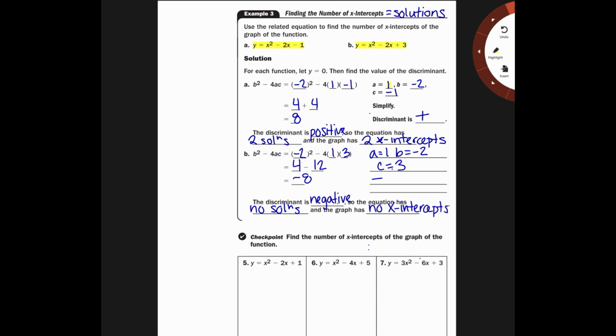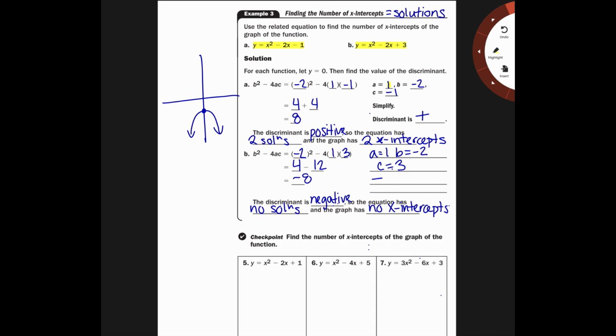And I do want to point one thing out. Just because there's no solutions and no x-intercepts does not mean that it's not a valid equation, and that you can't graph it. If I were to graph it, all it means for that second one is that either it's a parabola that opens down and it has its vertex below the x-axis, and it's going down, it's just never going to cross.